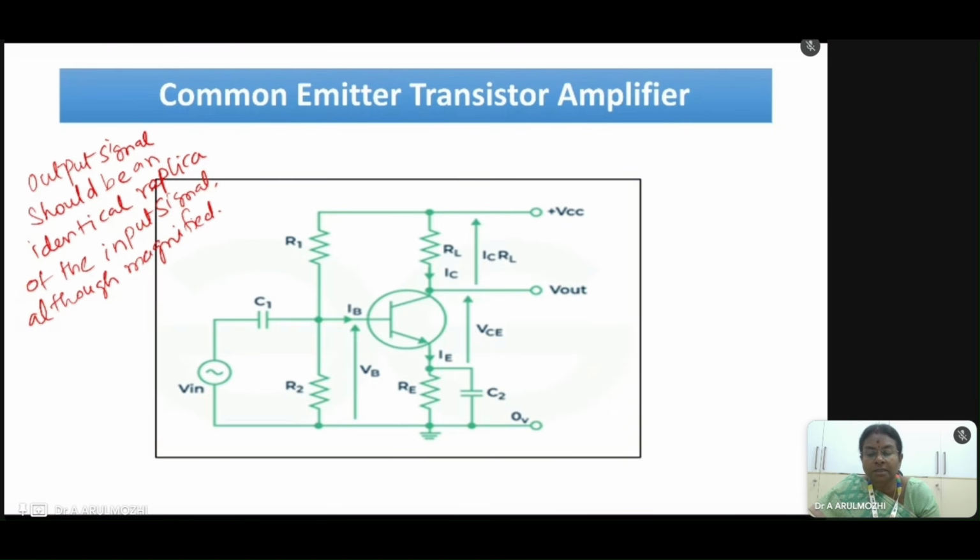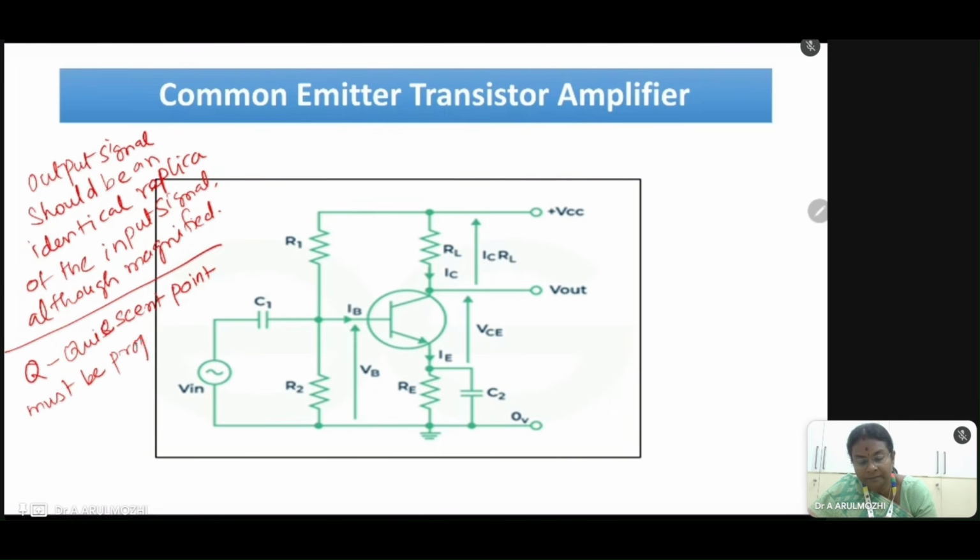When it is being used as an amplifier, first we should know about the operational Q point. What is the Q point?